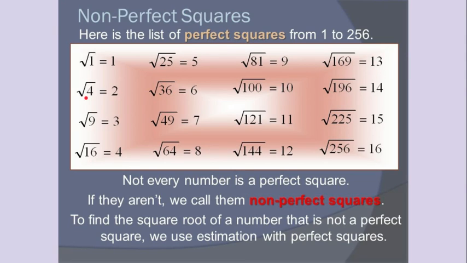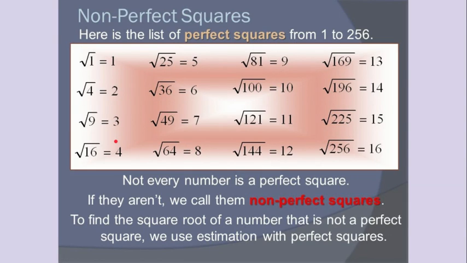And you can continue in between. Square root of 5, square root of 6, square root of 7, square root of 8 are all irrational. But the square root of 4 and the square root of 9 are rational because they are perfect squares. Square root of 10, square root of 11, square root of 12, square root of 13, square root of 14, square root of 15 are all irrational. But square root of 9 and square root of 16 are rational because when I take their square roots, they are whole numbers, and these whole numbers can be written as fractions.